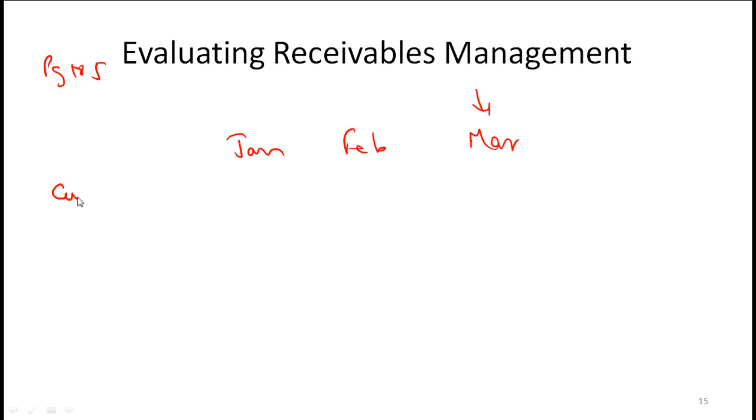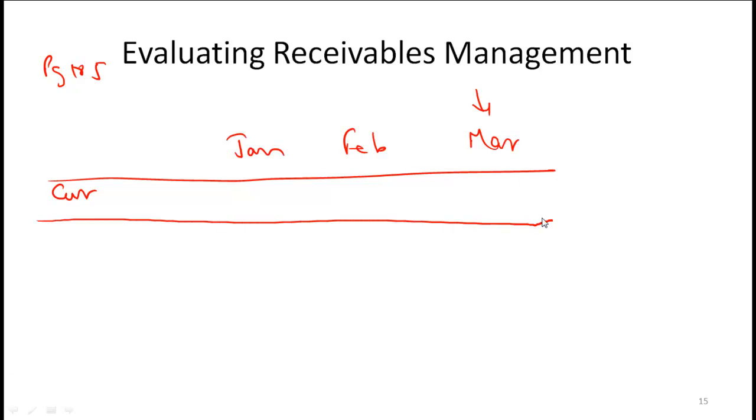So one refers to your current receivables. So current means all receivables that are still not overdue. So if you have given terms that payments must be received within 30 days of sale, so those are current.